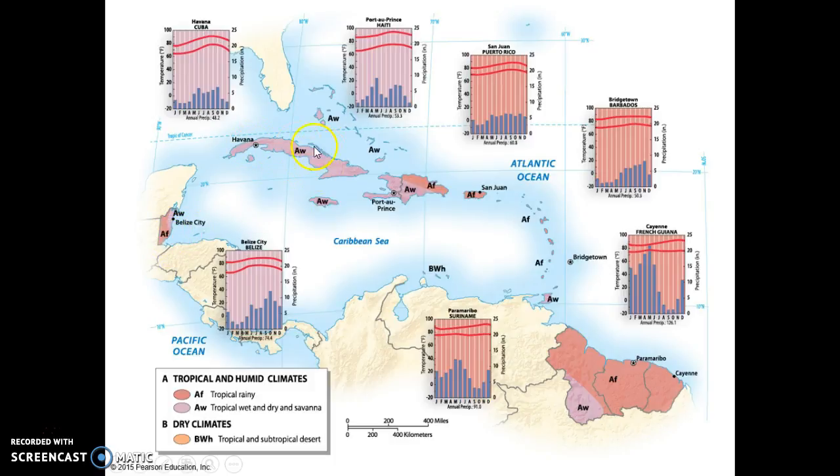And then notice Cuba is Aw, which is seasonal, meaning it's rainy part of the year and dry part of the year. In the climate graph, we have a rainy season in the summer, dry season in the winter. Something similar in Haiti, whereas some of the other places get rain year round, such as Puerto Rico.